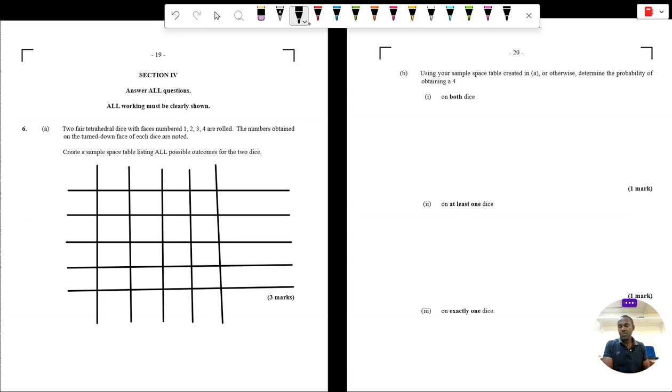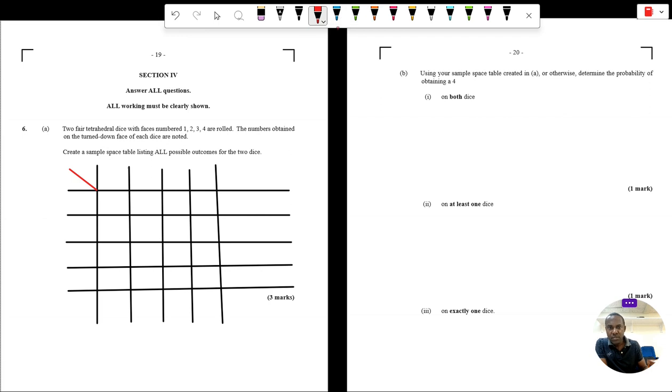All right, so this is what our sample space table is going to look like.